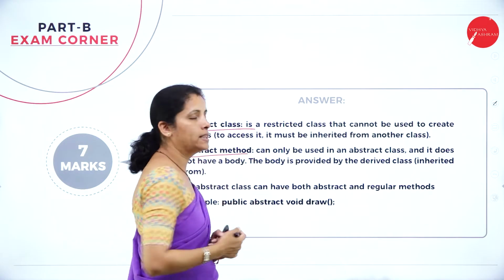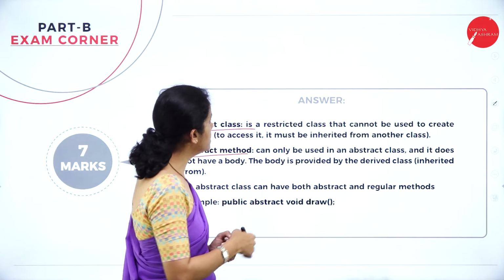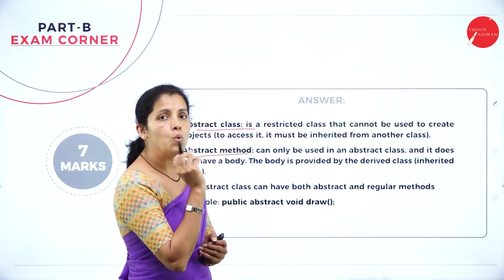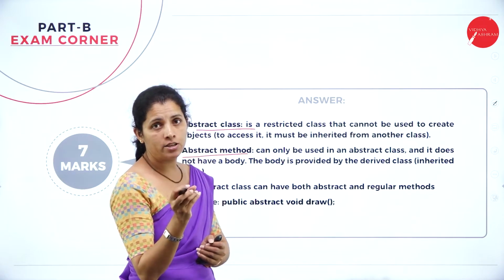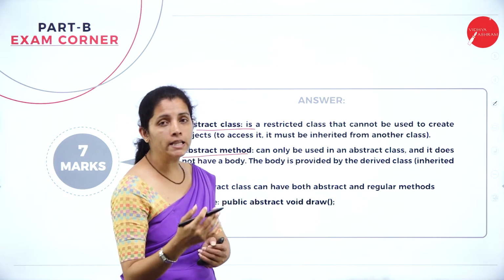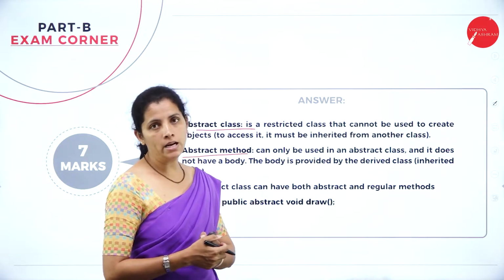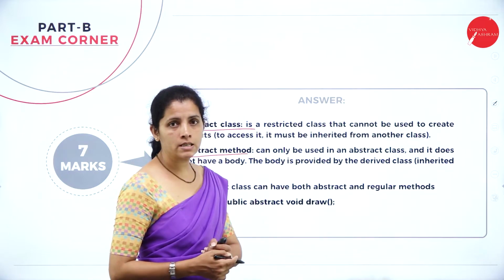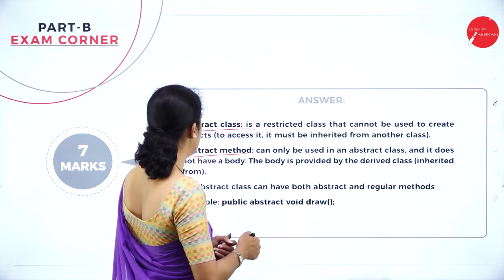Then abstract method. If I consider an abstract method, I can have only the method signature. And where am I going to write the implementation? In my derived class. I can use an abstract class in my inheritance.